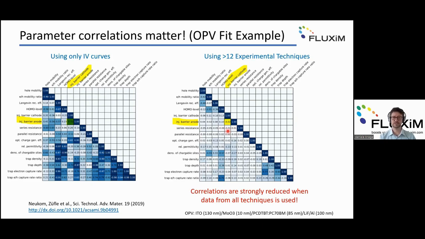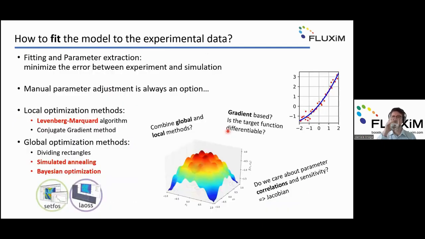How do we do this? In SETFOS, we are using several methods for the fitting. Some of them are local optimization. One of the most important is this famous Levenberg-Marquardt algorithm, the gradient methods.